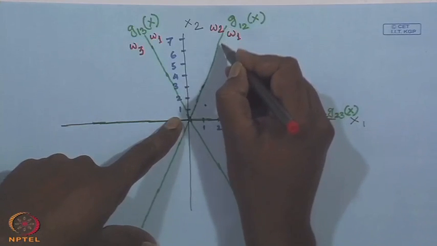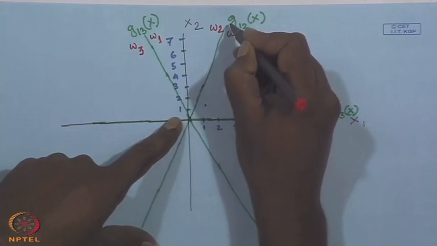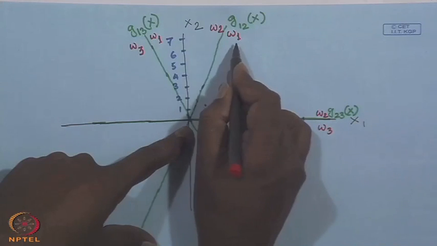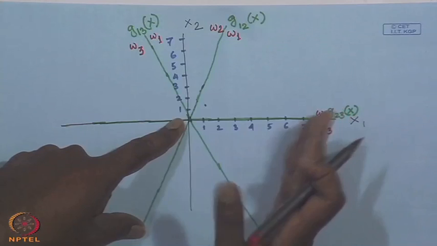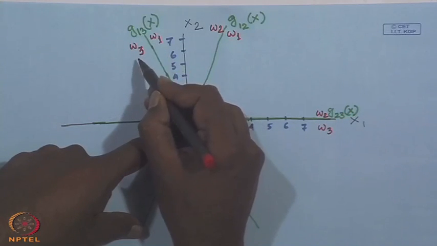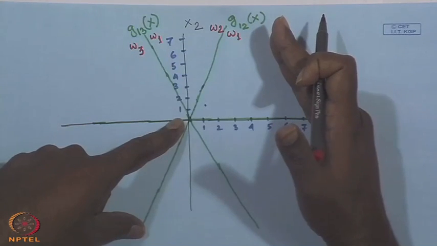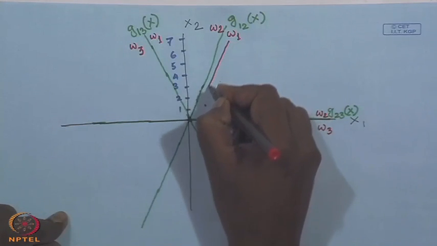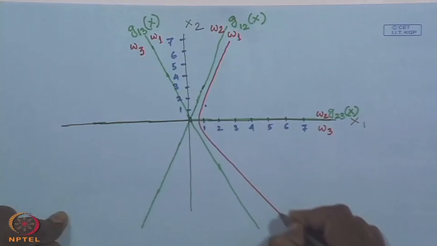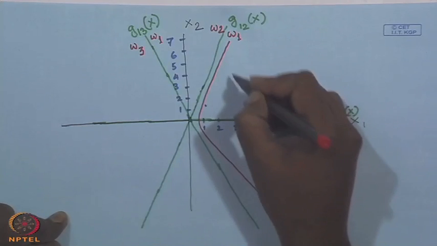So, you find that so far as this decision boundary is concerned, between class omega 1 and omega 2, this half belongs to class omega 1, and considering omega 1 and omega 3, this half belongs to omega 1. So, finally, the region which will be allocated to class omega 1 is the intersection of these two regions, and which is nothing but this region, which is allocated to class omega 1.